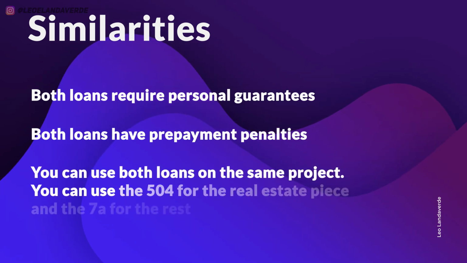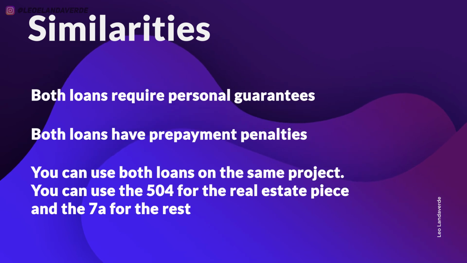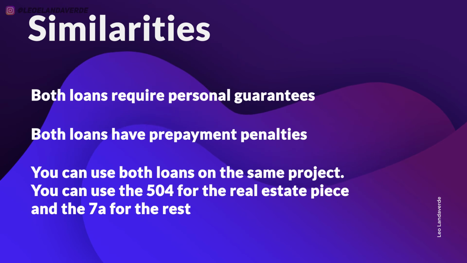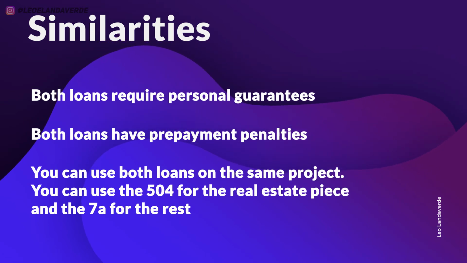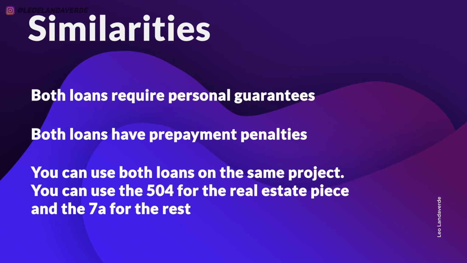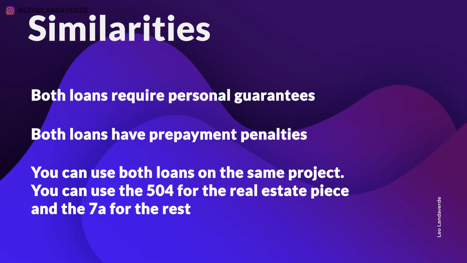Number three, you can use the two loans for the same project. Say for instance, you were trying to build a ski resort in some area in your state where there's snow, and you needed to have as much capital as you could. You could use the 504 loan to get the real estate and the construction of it.